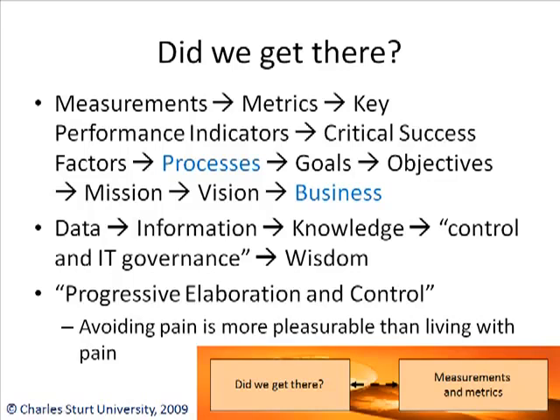So ITIL is a continuous fine-tuning exercise. You don't get it right immediately. It's always steering the organization and steering all your activities, putting them back on track. Because the sooner you put your activities back on track, the more pain you're going to avoid. And avoiding pain is typically a lot more pleasurable than living with a lot of pain.